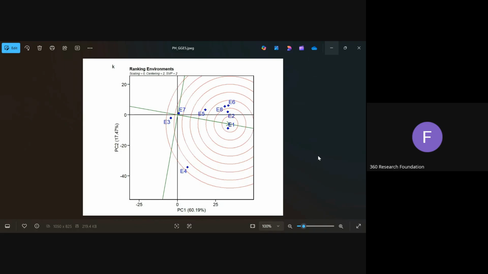More specifically, we'll talk about E3 first. E3 is far from the origin on either side of the axis, so it is not suitable for selection of specific genotypes. And E4 is located extremely at the lower axis, that is least representative.